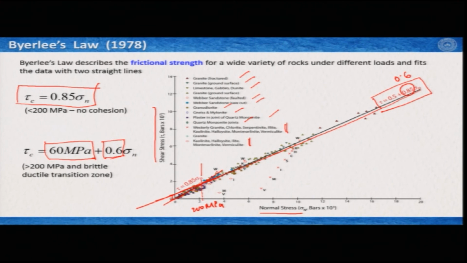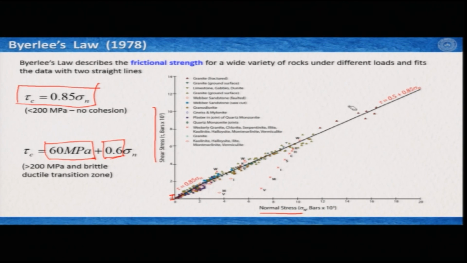Now, you can also figure out that there are some rocks or some minerals which do not agree with this plot, and these are these rocks. And if we see, these are mostly serpentinite, illite, kaolinite, halloysite, montmorillonite, vermiculite, and so on.